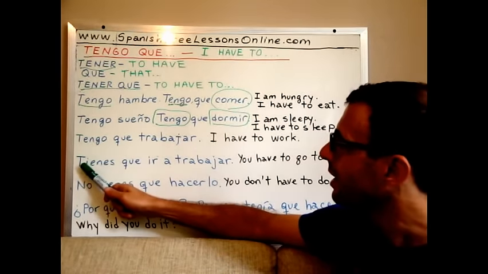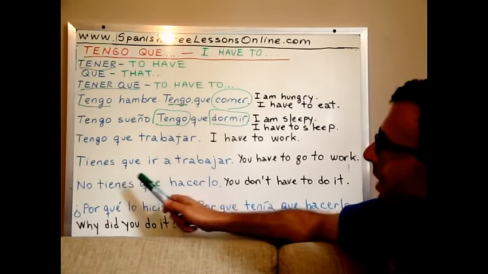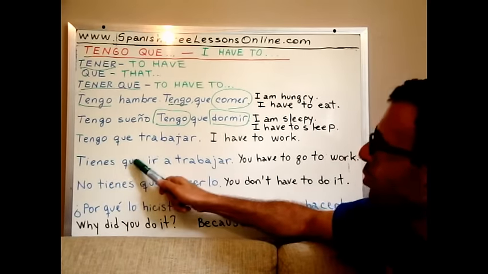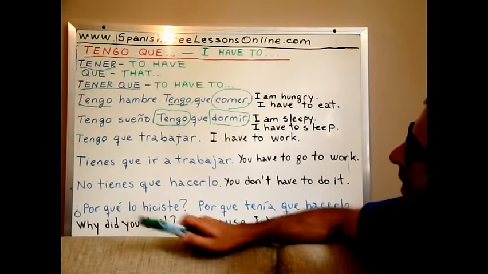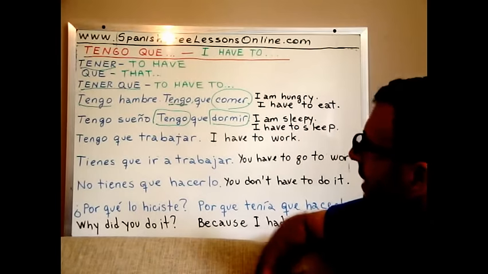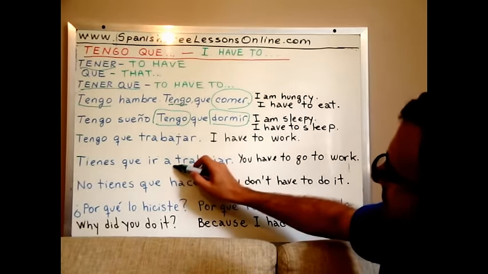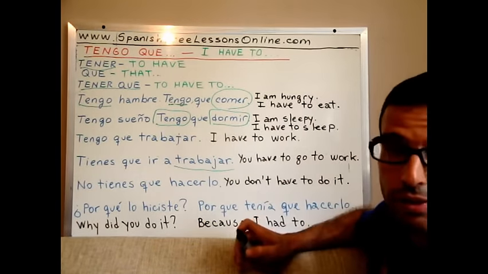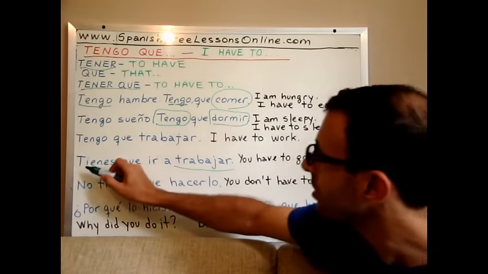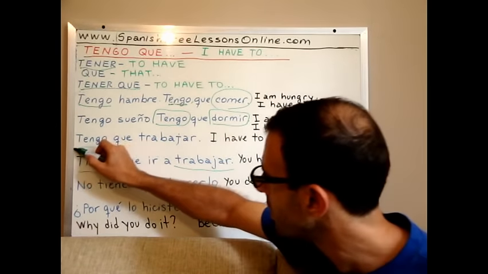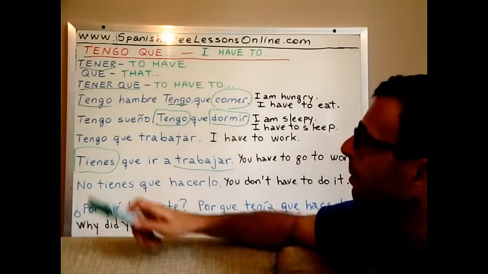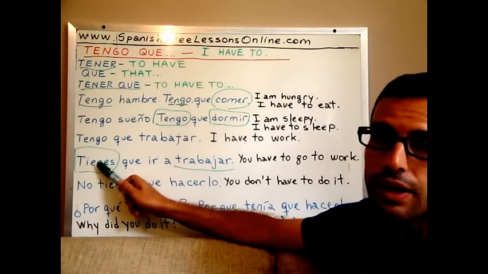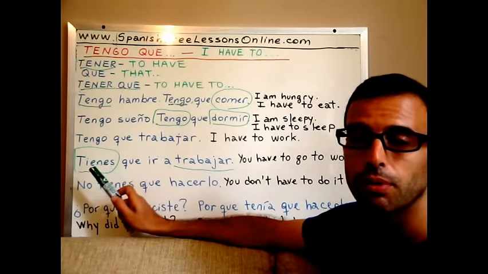Here is tienes que ir a trabajar. You have to go to work. And here, see that again. Trabajar, the verb goes in infinitive, right? Because tienes is already conjugated. Here, the conjugation is in present tense again, but it is conjugated for the second person of the singular.